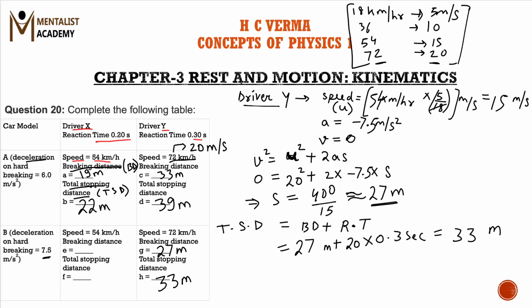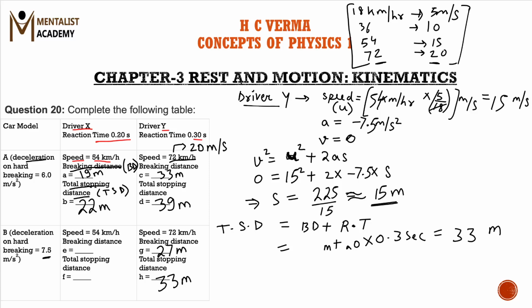The acceleration is minus 7.5 only. u is 15 in the equation, so this would be 225, and the braking distance would come out to be 15 meters.